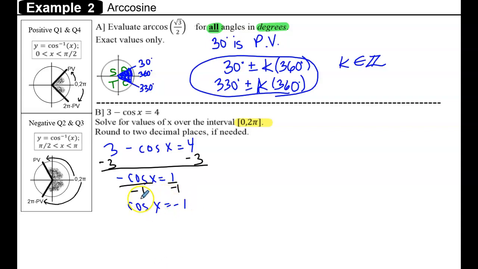Now to undo a cosine of x, we need the inverse. So x is equal to the cosine inverse, which is the arc cosine. Or you could use that notation cosine with a little -1, which also means arc cosine.